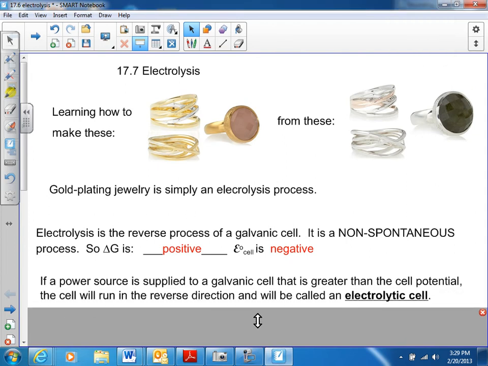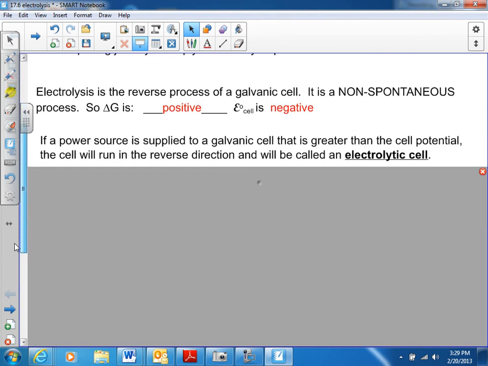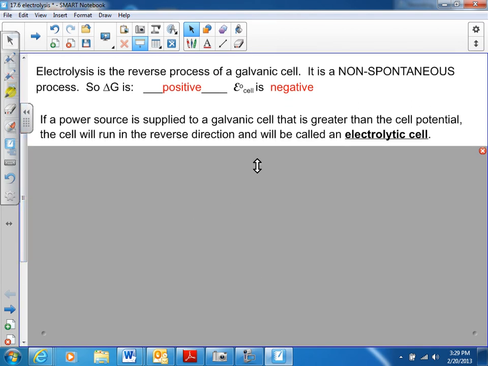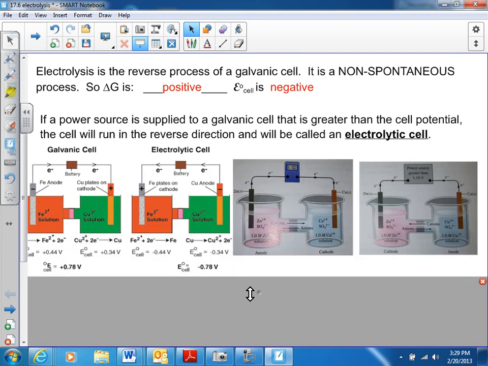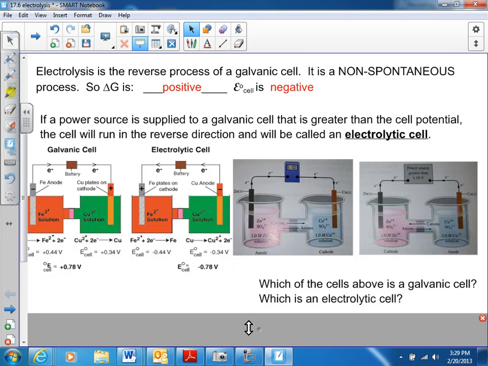Okay, so we can have a galvanic cell and we apply energy to it and make it run in the reverse direction and it becomes an electrolytic cell. So normally, positive E0, just a regular old galvanic cell. This would be an electrolytic cell because it's running in the reverse, negative E0.